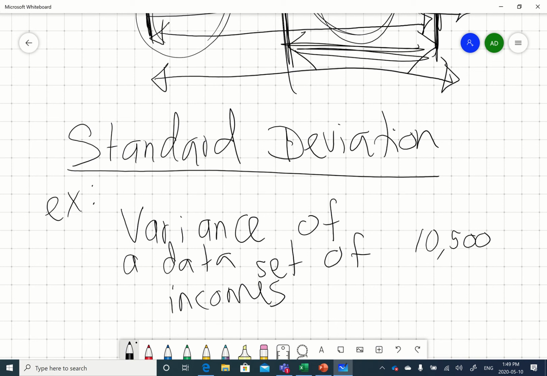We use all the data points and we square those data points in the calculation. So it's a dollar square value. When you think about a dollar square value, it's very difficult to interpret. What does that mean in terms of the spread?